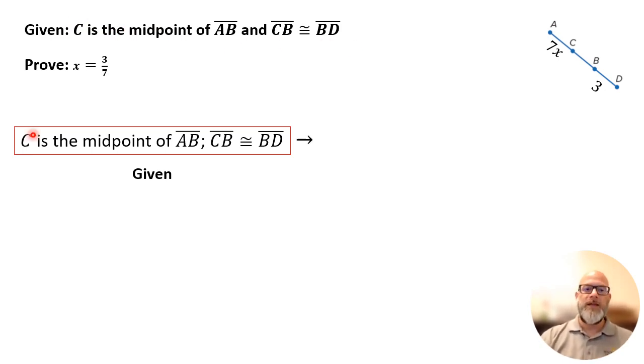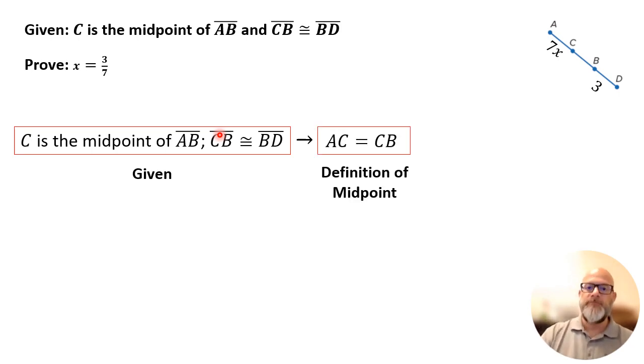Next step, okay? Just look at this first chunk. C is the midpoint of AB. What can we know if C is the midpoint of AB? We can know that AC equals CB. How?